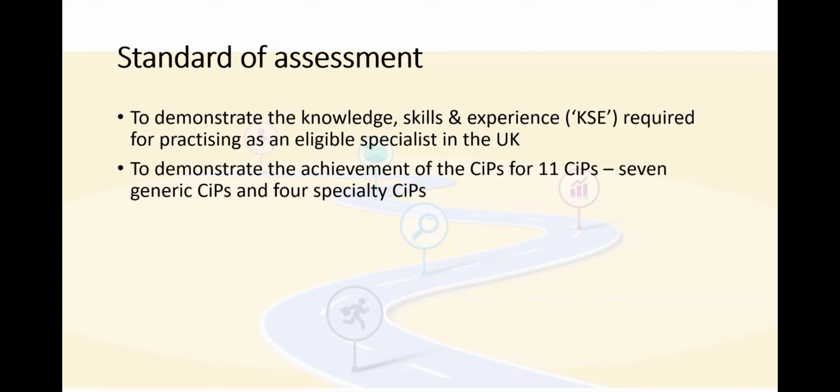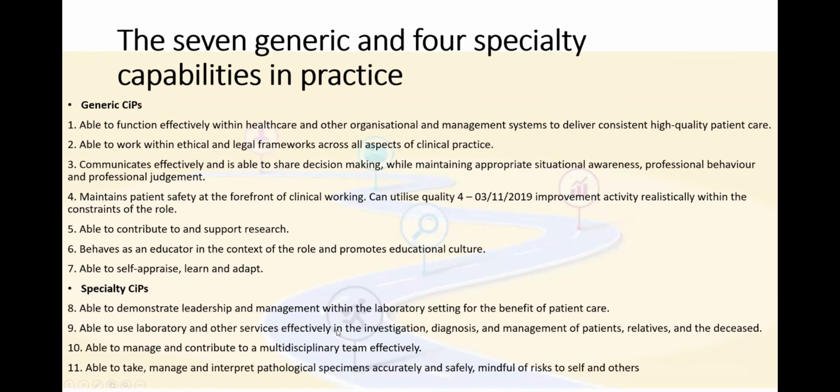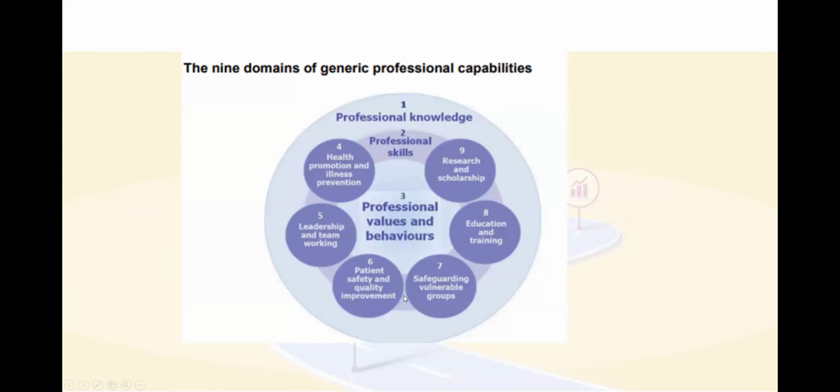Okay, so this slide I shared last time also. It's knowledge, skills, and experience. The 7 CIPs are generic and 4 are specialty. These are available at both RC Path and GMC, in both the documents. So there are 9 domains of generic professional capabilities.